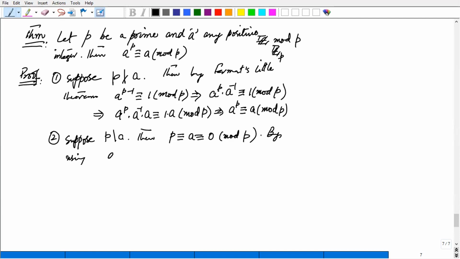So a to the power p is congruent to a modulo p. So in both of the cases, a to the power p is congruent to a modulo p. So that's the result.